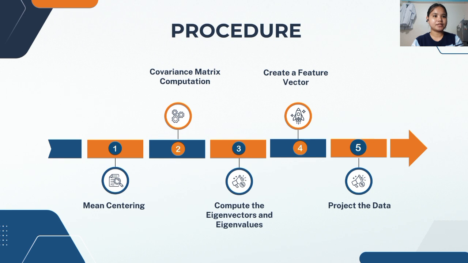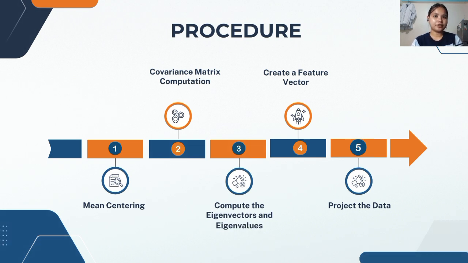Then the second one is the covariance matrix computation, where we calculate the covariance matrix to understand the relationship between features. Finding the covariance matrix was discussed to us by Ma'am Alay. So alam na natin kung ano yung mga formula dito.